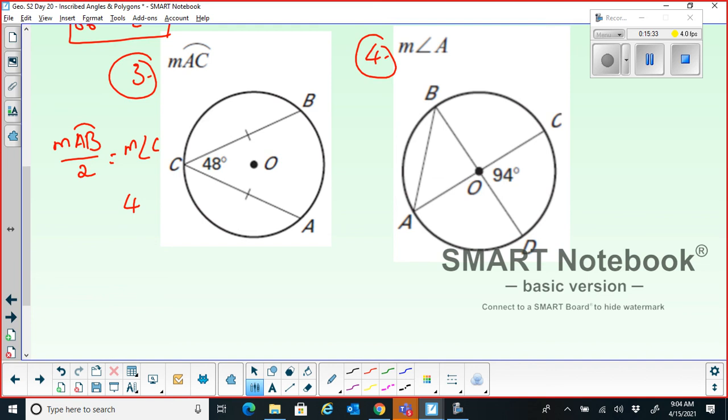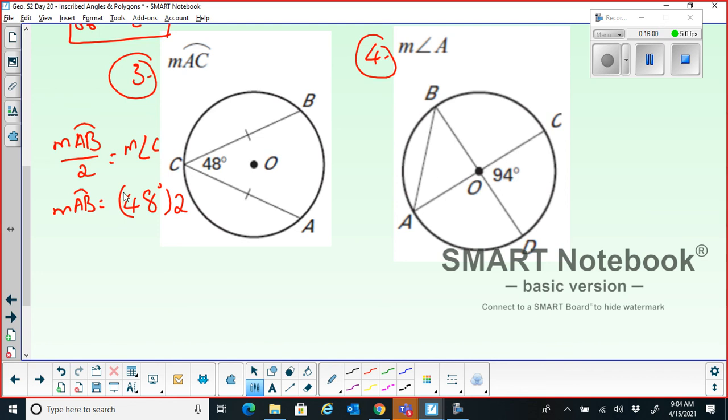We have this as 48 degrees, and measure of arc AB equals twice of 48. 2 times 48 is nothing but 96.